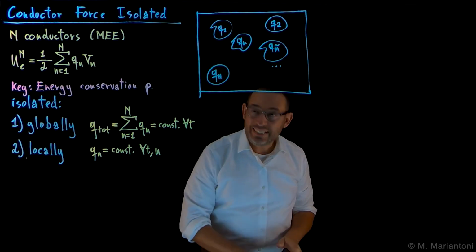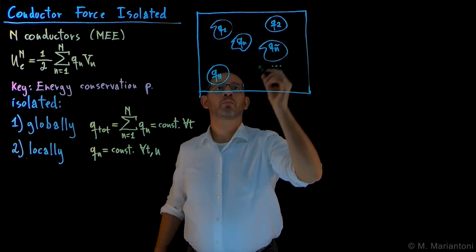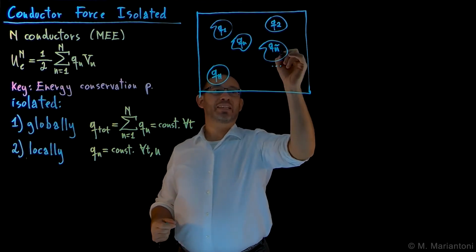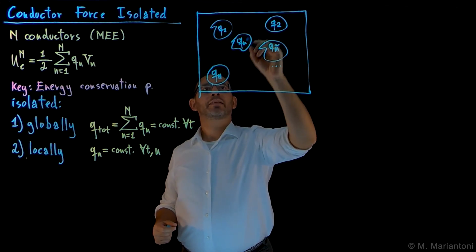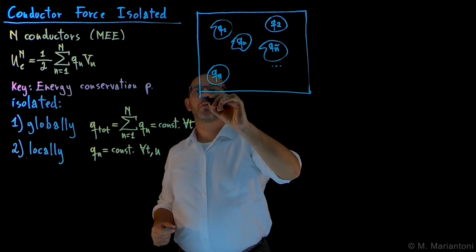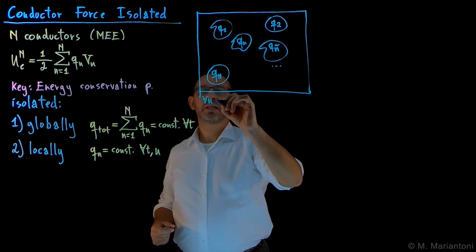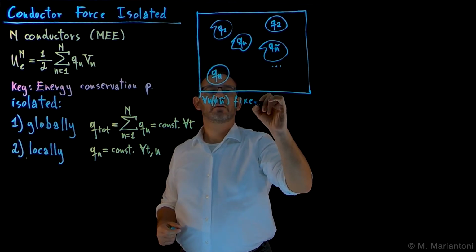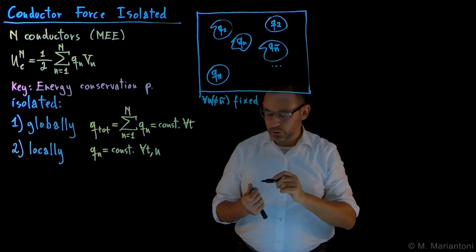Now let's hypothesize that each of these conductors, except for this N tilde, are all fixed. So for each N different than N tilde, they are all fixed in an inertial reference frame, of course, in this case.